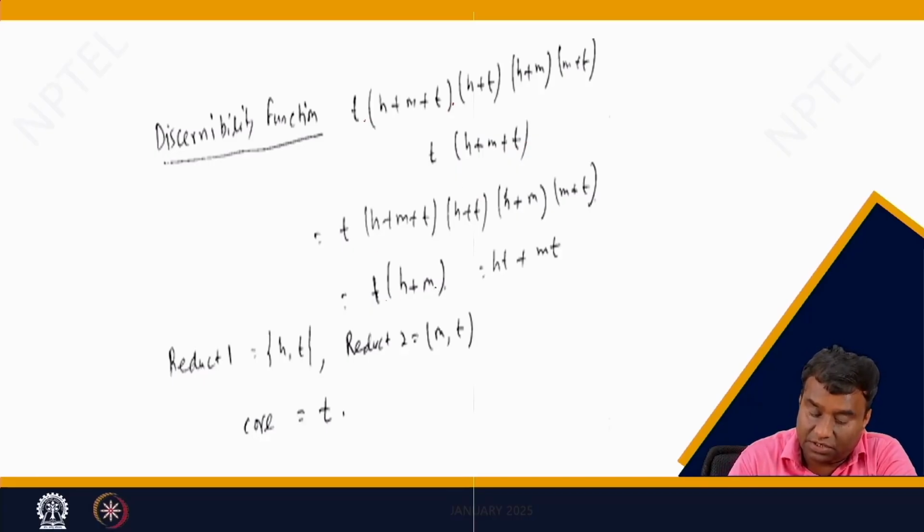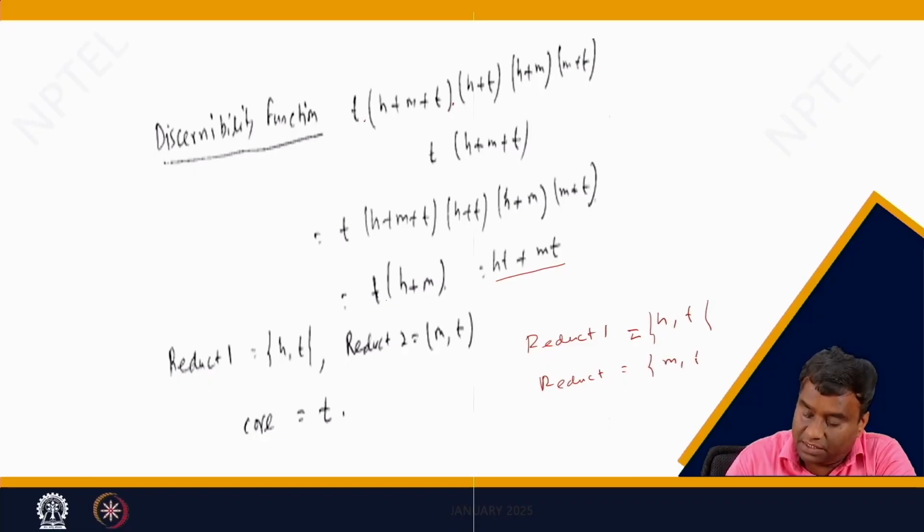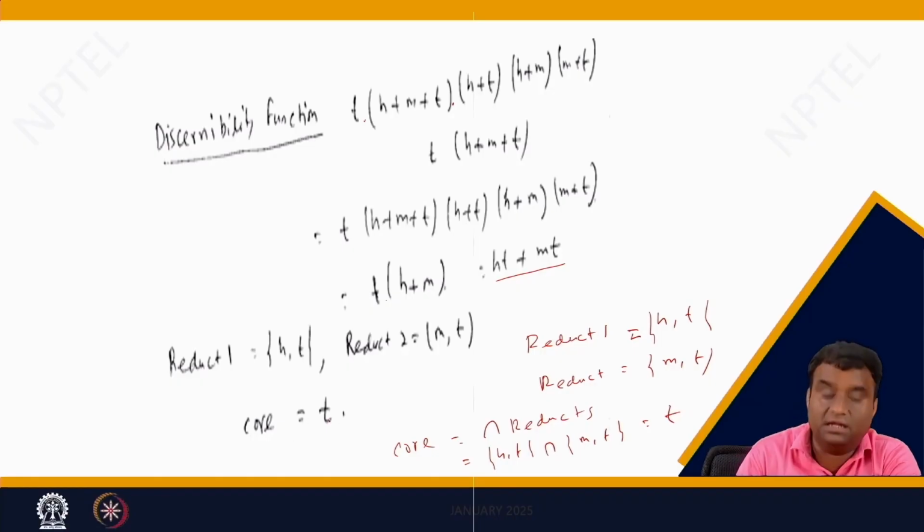Here we get T dot H plus M, so that is HT and MT. So we can say these are the reducts. Reduct 1 is H and T, and reduct 2 is M and T. The core is the intersection of all reducts. So core is HT intersection MT, so core is T. So T is the core, I mean temperature is the core here.